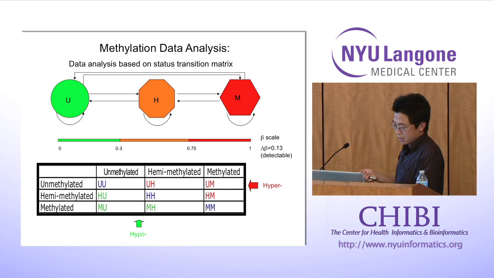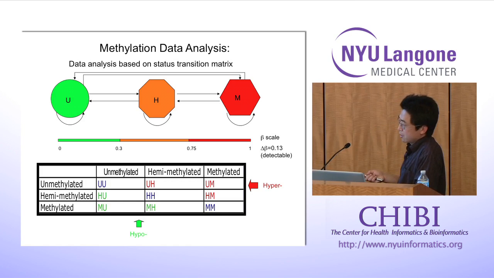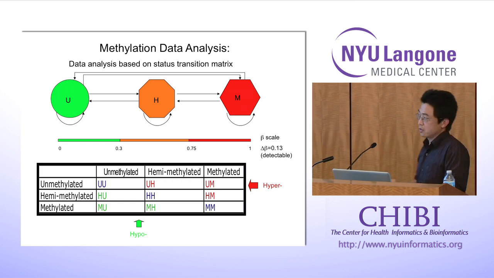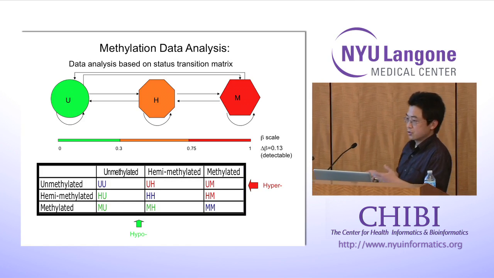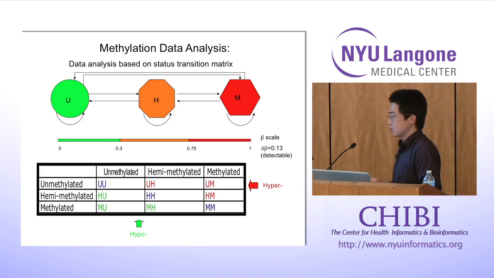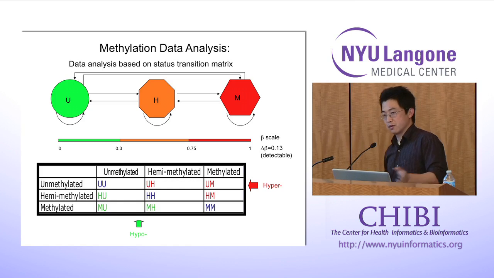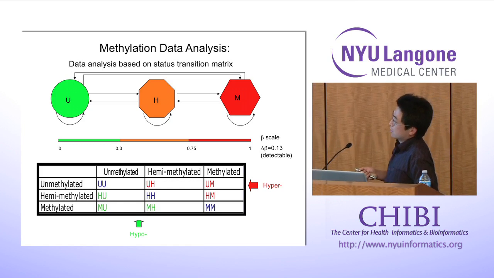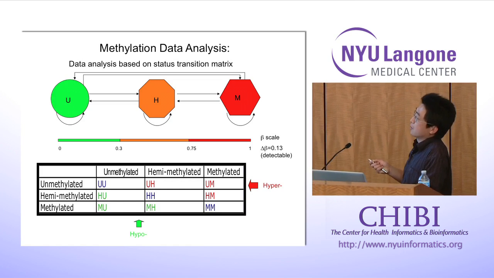For the methylation study, basically the platform, the Illumina Infinium, gives us the measure of the methylation status of the CpG islands in the promoter regions. So we quantified the change using delta beta values, using the beta values to quantify the status of each gene based on its CpG island methylation status, as unmethylated, hemimethylated, and methylated.